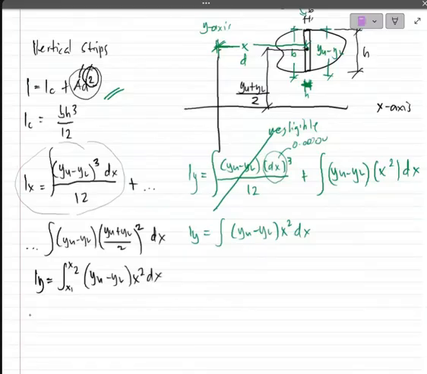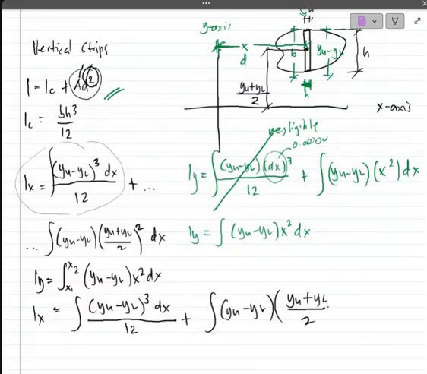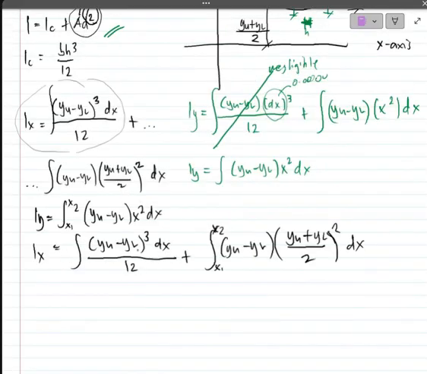Ix is the integral from x1 to x2 of y upper minus y lower cubed dx all over 12 plus y upper minus y lower times the quantity y upper plus y lower all over 2, raised to the power of 2, dx. So this is the correct formula. This part is not negligible, because again we have the value for y upper minus y lower.